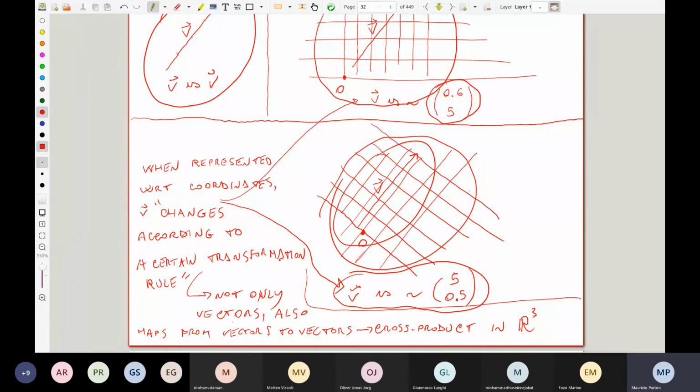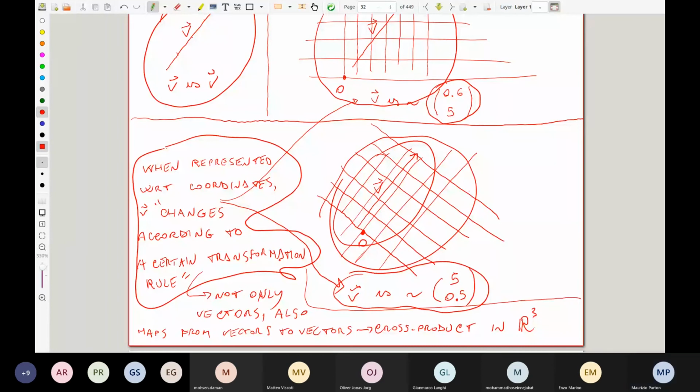So this means that if you want to define a vector in this language, when the vector is represented with coordinates, you probably know better than me this kind of language, you have to show that the rule giving those coordinates is changing according to the change of basis, which means usually with respect to multiplication by the coefficients of the change of basis matrix or its inverse and so on.